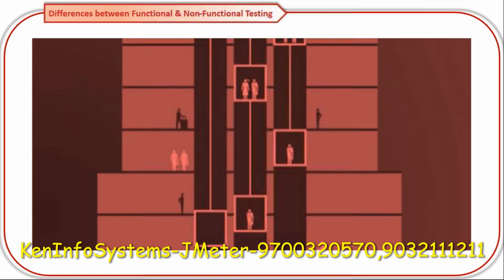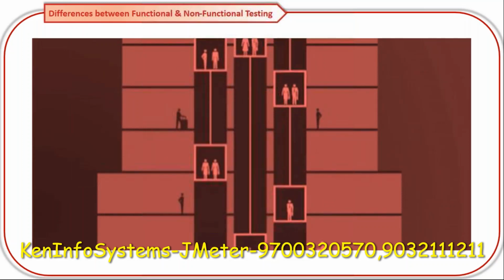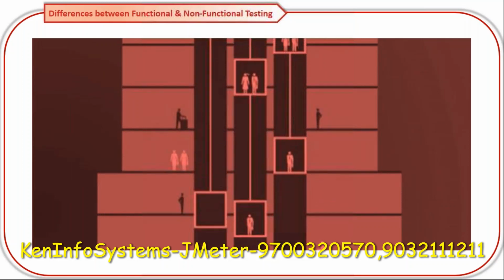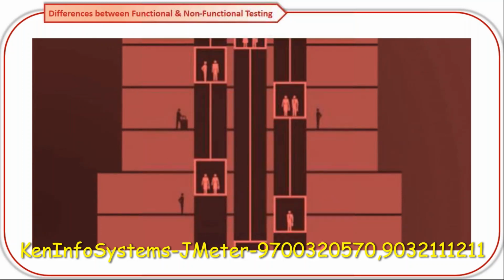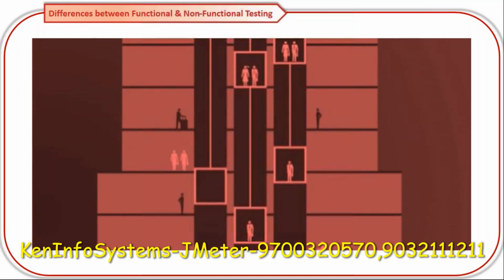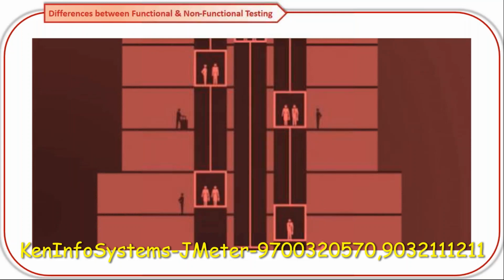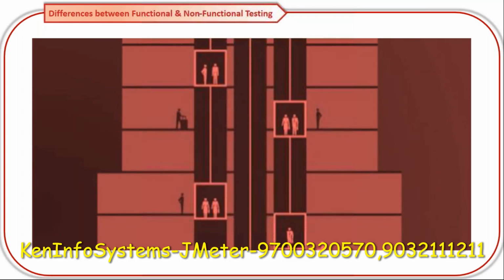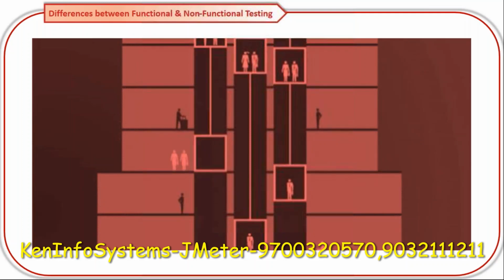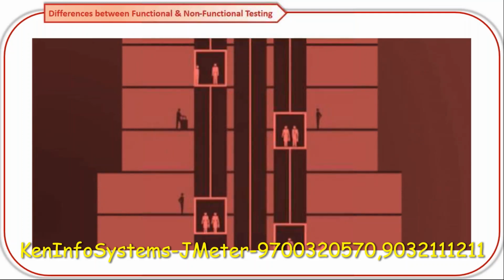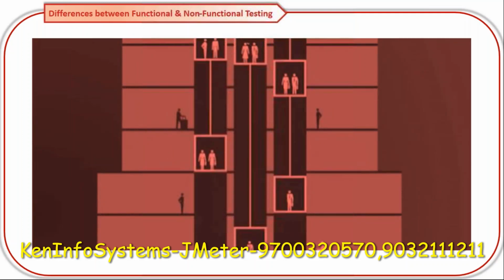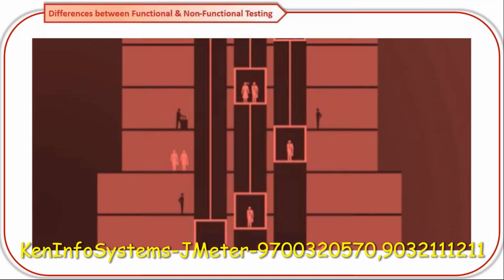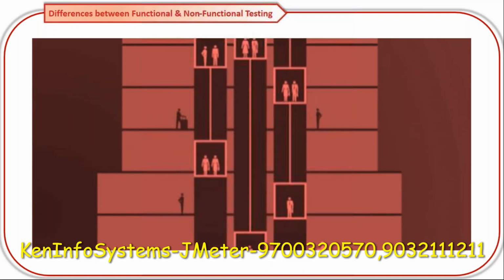Okay, so initially a functional tester enters the lift and clicks on the close door button. He will check whether the functionality is working or not. After clicking on the close door button, ideally the lift door should close. If it is not closing, it's a bug. After that he clicks on floor number 2.